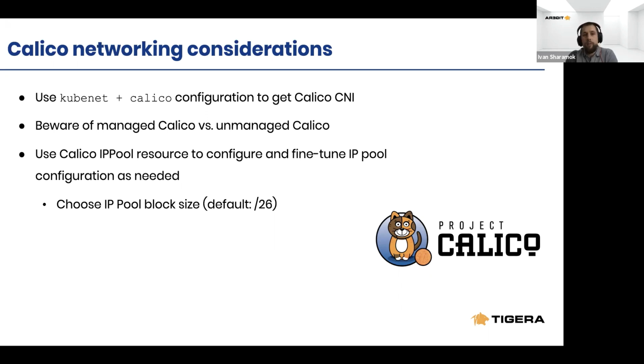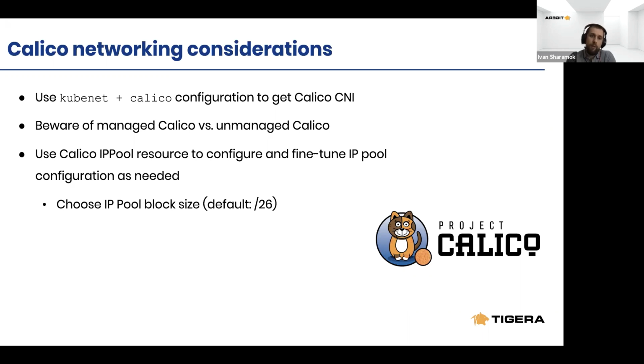For the Calico networking configuration, KubeNet plus Calico will give you the Calico CLI. If that's something you want to use and you want to make sure that your pod network is non-routable, that's the option to use. One thing to keep in mind here is that when you're building a cluster with the network policy option Calico, the Calico version is managed by AKS. So you cannot just rip it out and replace it with any other Calico version that you'd like.